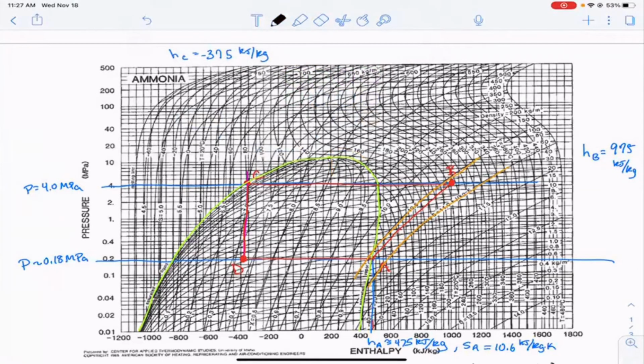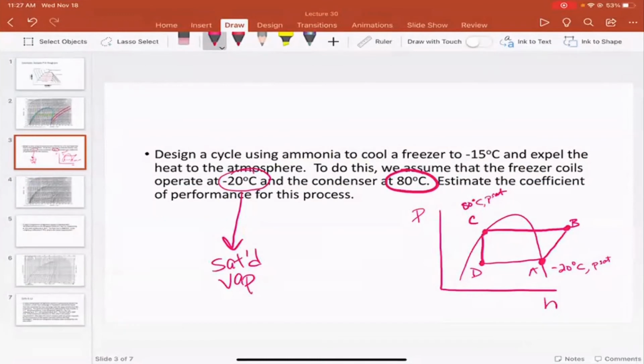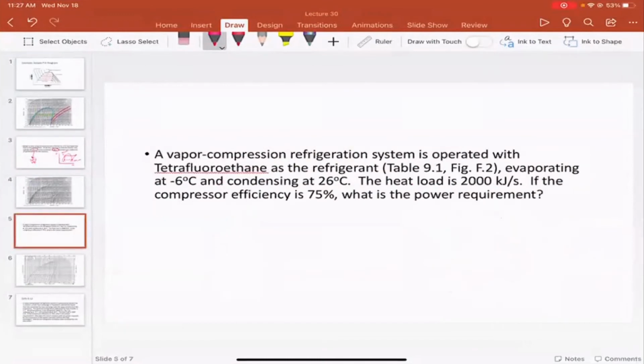All right. So if not, let's solve another example. So the approach here is going to be similar, but this time we'll use a different pressure enthalpy diagram.